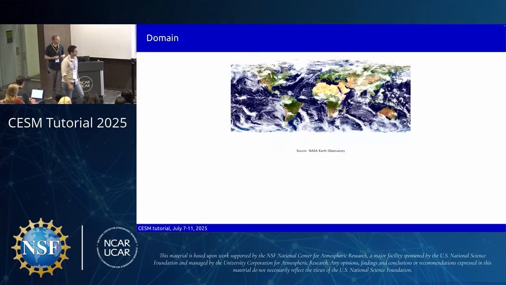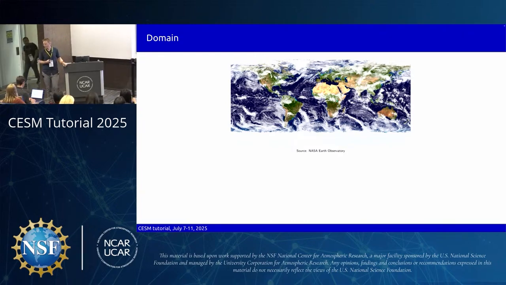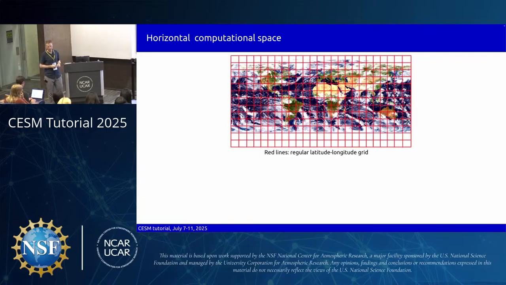So we're in the business of global modeling. Here's a satellite image from NASA showing outgoing long-wave radiation. It's global modeling, so periodic boundary conditions in the horizontal. And if we wish to build a model around this, the first thing we need to do is to introduce a grid. We need to discretize our system.